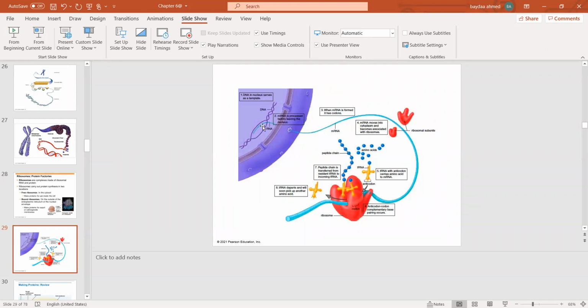After the messenger RNA has been synthesized inside the nucleus, it passes through the pore complex I mentioned before, found in the nuclear envelope. It passes through this pore complex into the cytoplasm. Inside the cytoplasm, or attached to the endoplasmic reticulum, we have ribosomes.